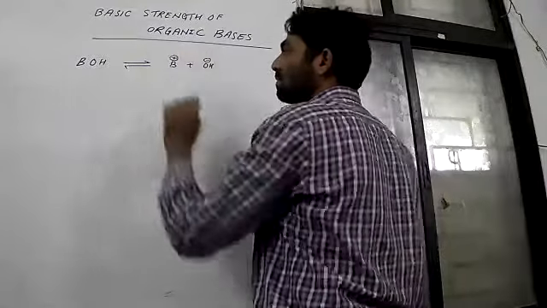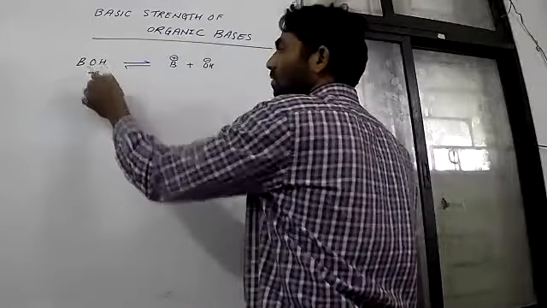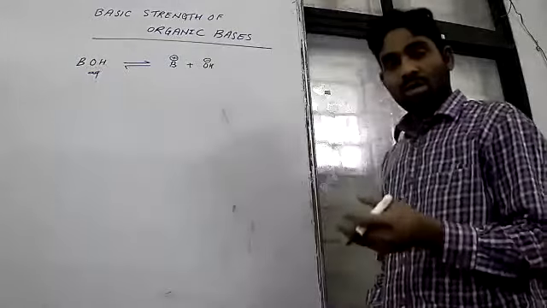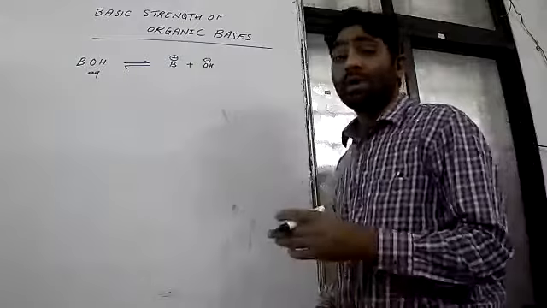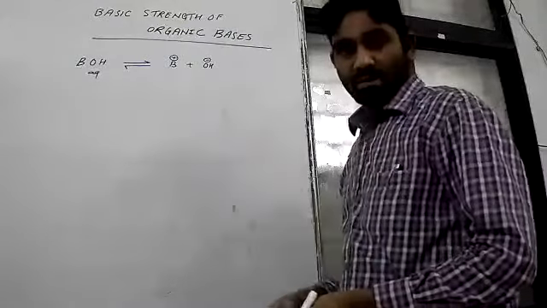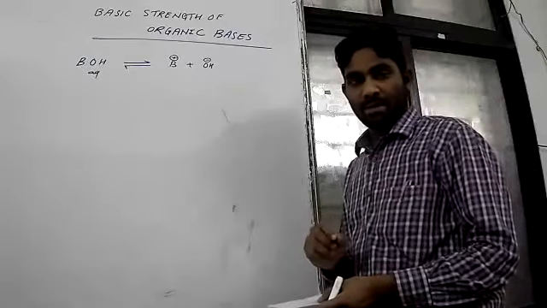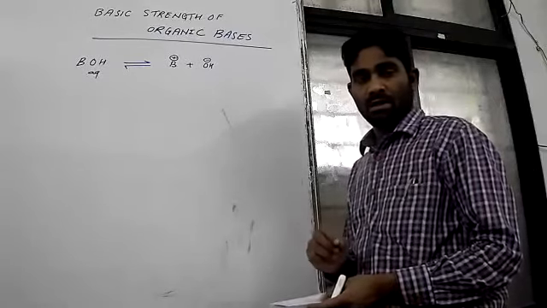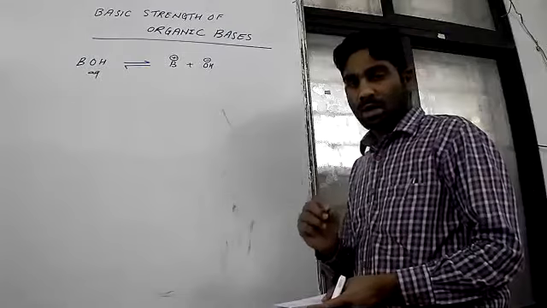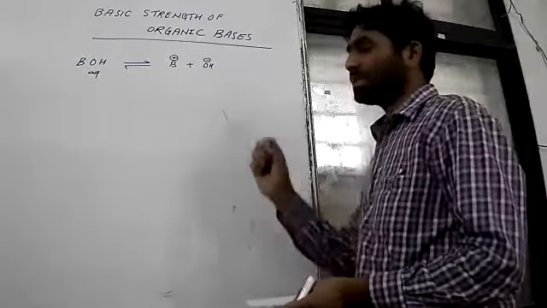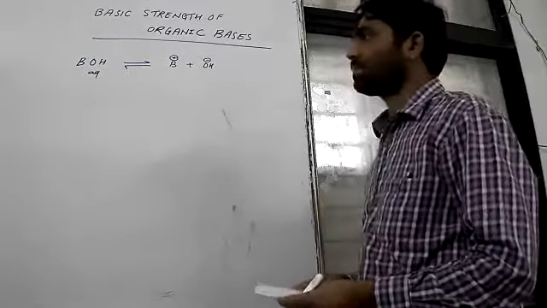When you add water, it produces H plus ions and OH minus ions. It's a base. This definition is given by Arrhenius.